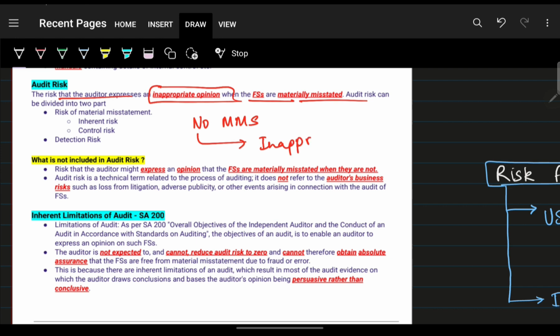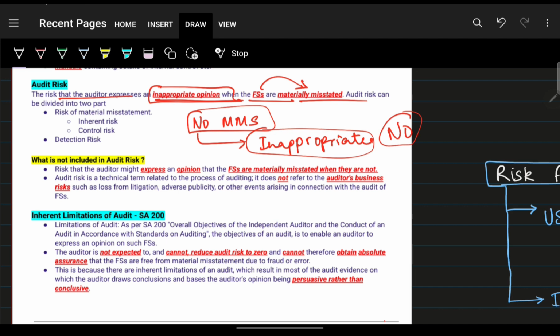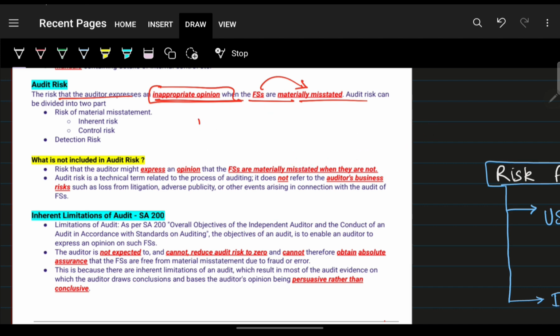Would this also fall under audit risk? The answer is no, it does not fall under audit risk. Only if there is an inappropriate opinion when the financial statements are materially misstated. So if there is no material misstatement and there is an inappropriate opinion, it doesn't fall under audit risk. Only when there is material misstatement and an inappropriate opinion.